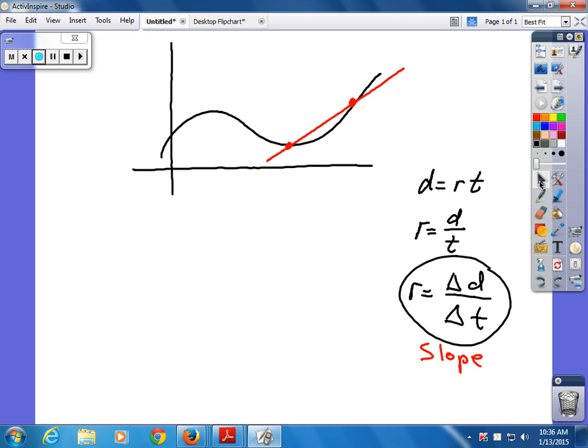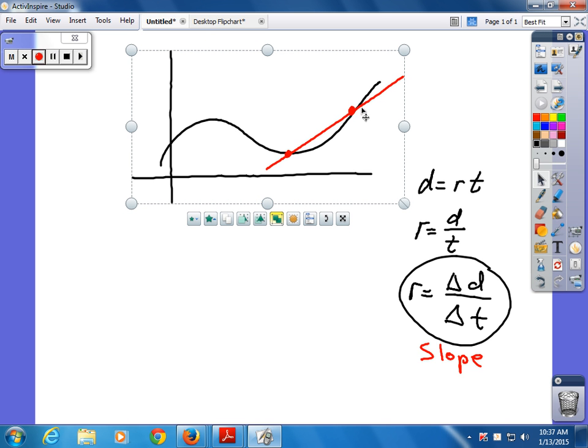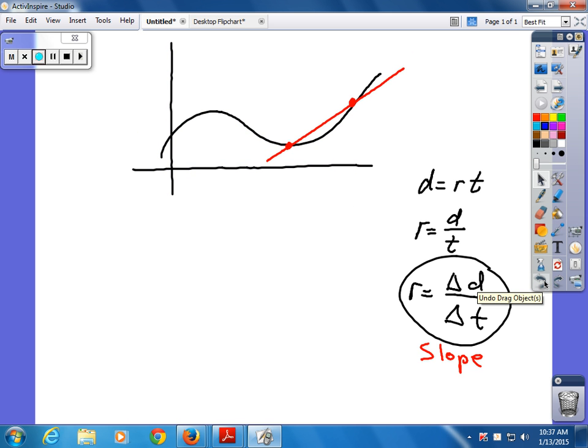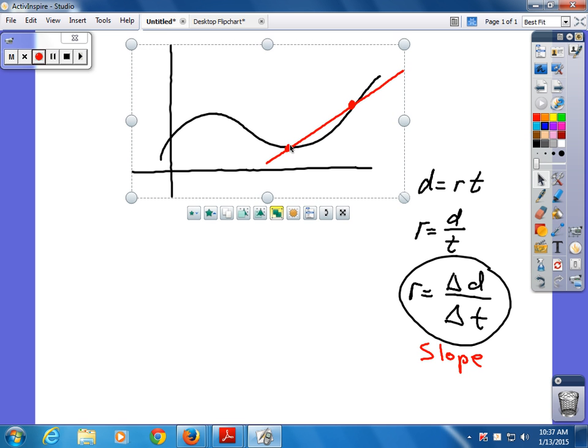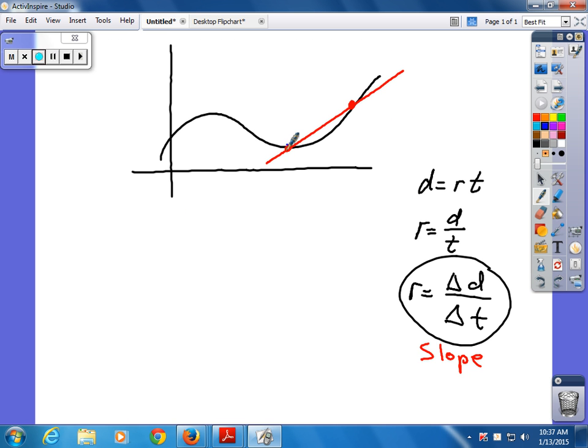It'll get closer and closer, and instead of a secant line, we'll have a tangent line. So the rate of change, the slope of any two points, is called the rate of change, and the instantaneous rate of change is basically the slope of the tangent line at a single point.